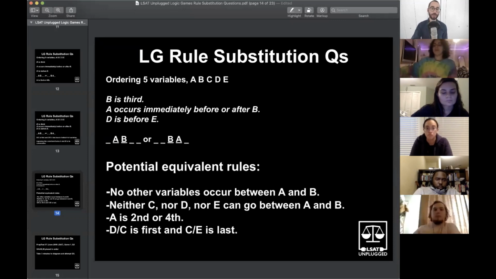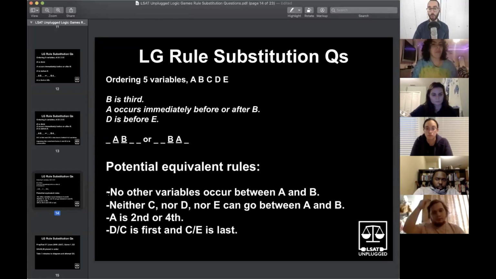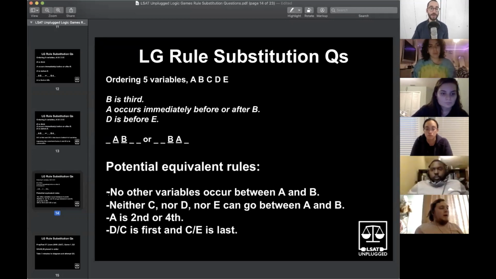So it's like these are increasing steps removed. This first one is about as close as you can get to that second rule without saying it directly. No other variables occur in between. That means they're consecutive, or A is immediately before or after B. They are adjacent, side by side, nothing else in between them, which is what the second one says.